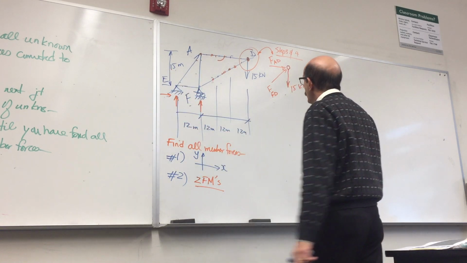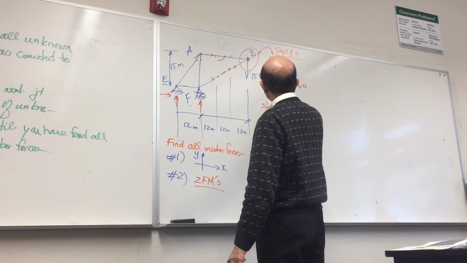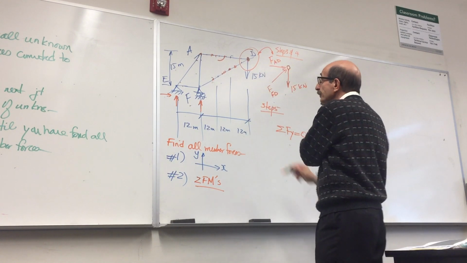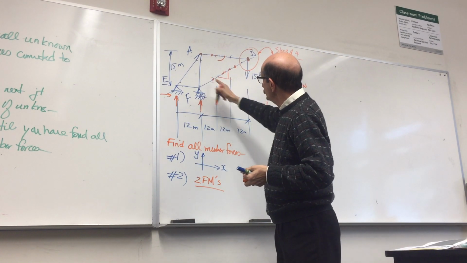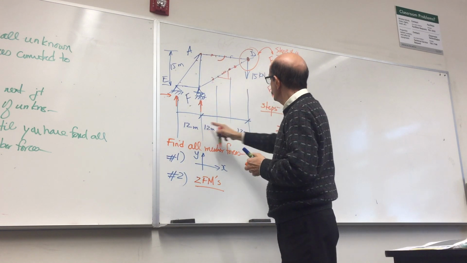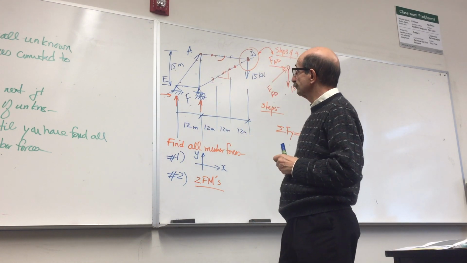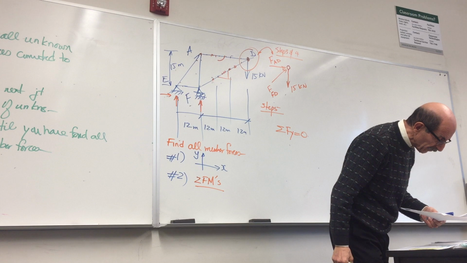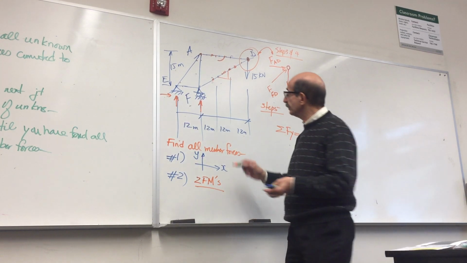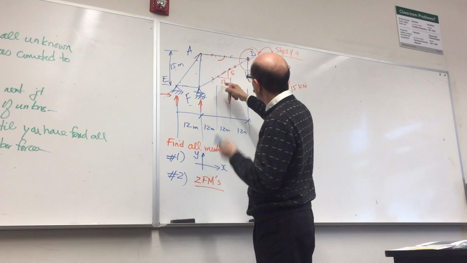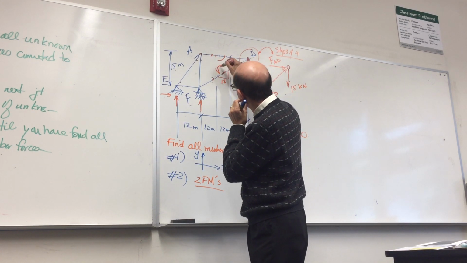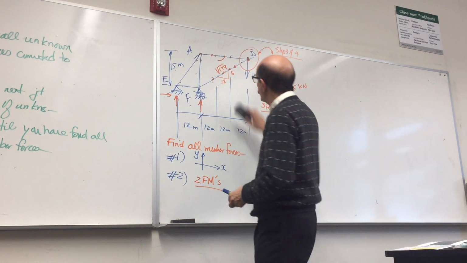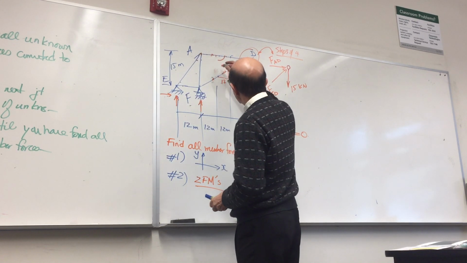Now go to step 5 and solve for all these unknowns. All I need is to write summation of forces along y is equal to 0. If you look at this, this is 15, and this is 15, this is 36. Actually, I wanted to make it more meaningful, but that's okay. So that'll be 5 and 12, so it's 144 plus 25, which is 169, so the square root is 13.